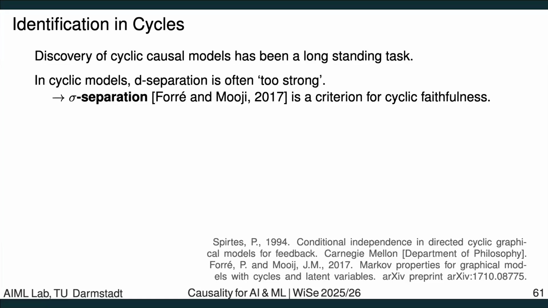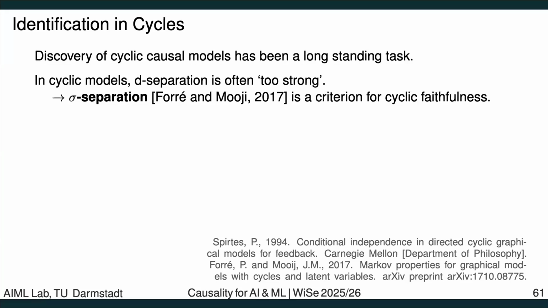Now if I have a cyclic model, what can happen is, somewhere downstream, I perturb my system, I do an intervention, and the whole system reacts to that. All those effects travel back up, and in the end, again, influence the variable I have intervened on.